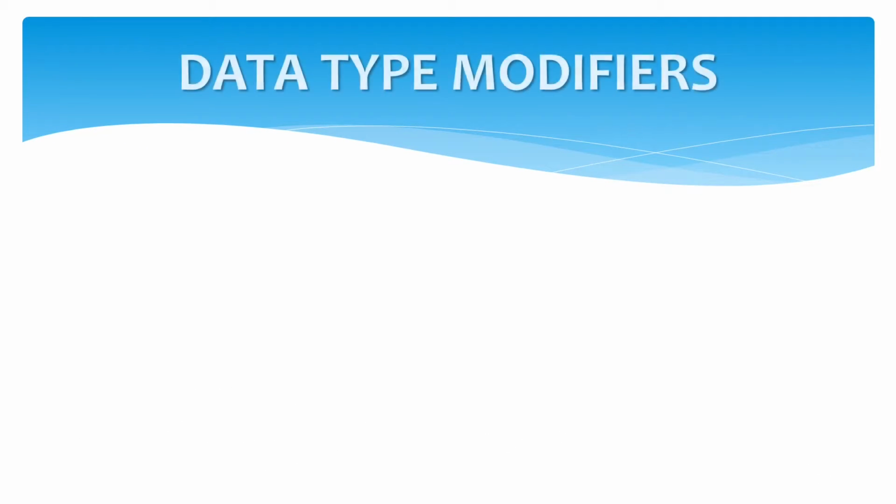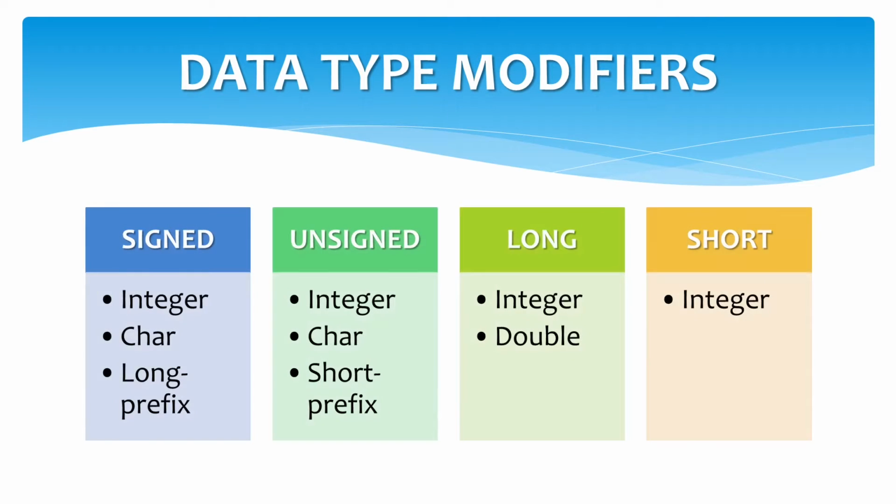Let's move ahead. Data types and modifiers. Modifiers modify data types in some way. There are 4: signed, unsigned, long and short. Long increases the range, and short decreases the range, as per your wish.